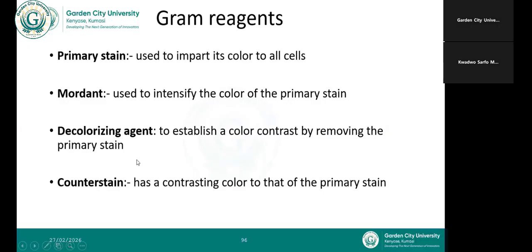But because the primary stain is still in the thick peptidoglycan layer, the gram-positive bacterial cells will not pick another contrasting color. So we have the first one keeping the primary stain, then the one that lost it during decolorization picking the second stain.